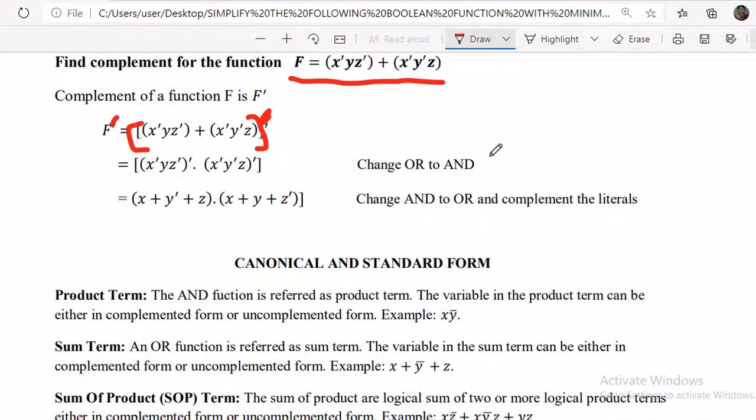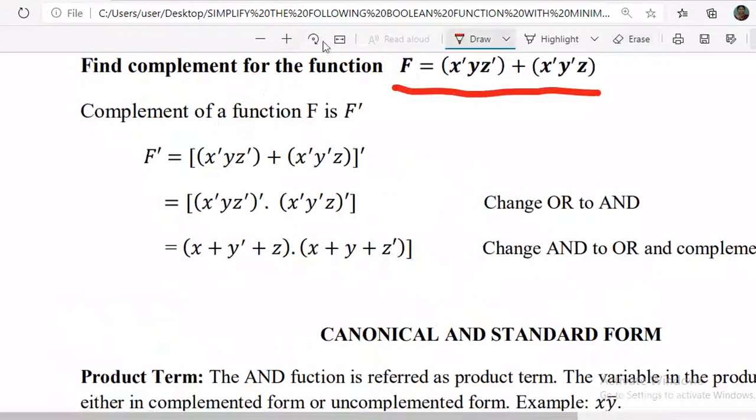You can see f dash equals the question as I have written it, and I have marked the dash here.